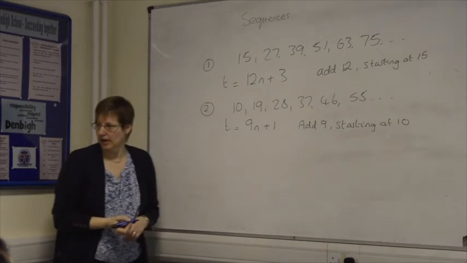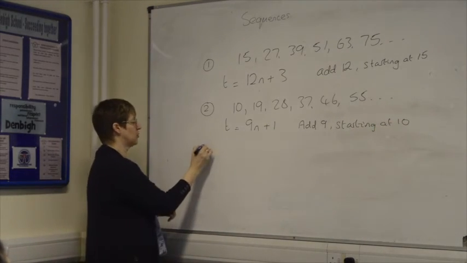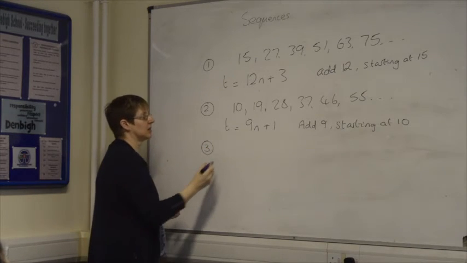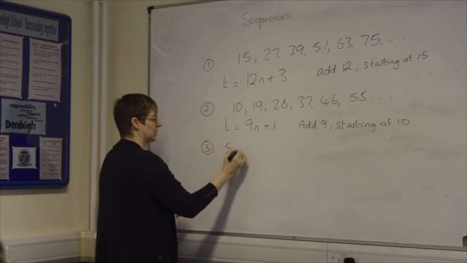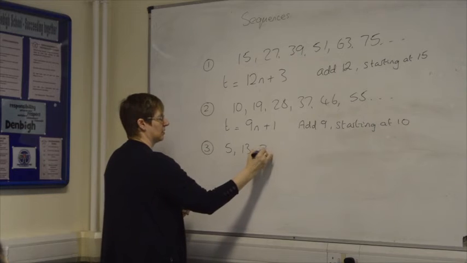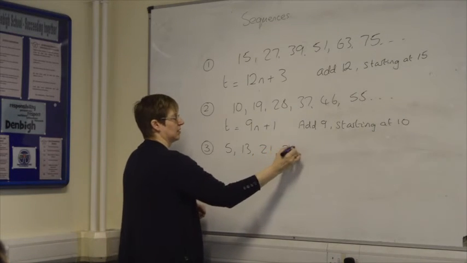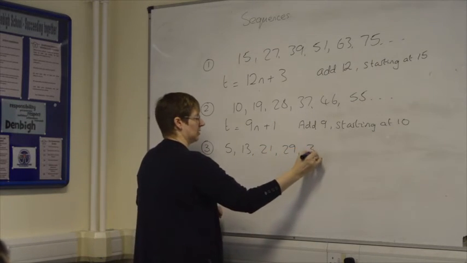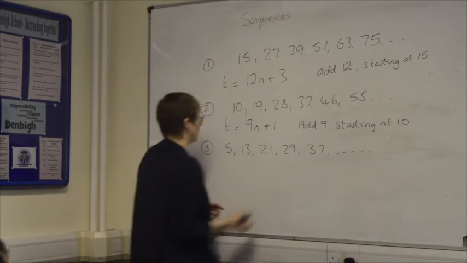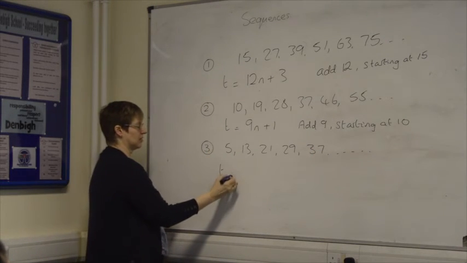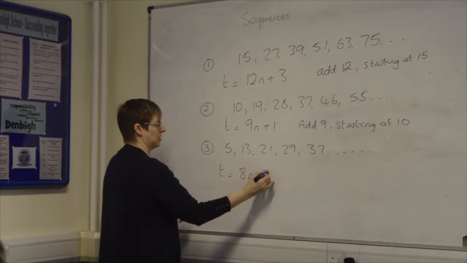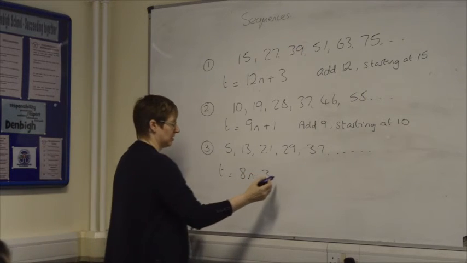Well done. Matthew, yours. Give me one of yours, please. 5, 13, 21, 29, and 37. Your formula? 8n minus 3. Good. And in words? Plus 8.